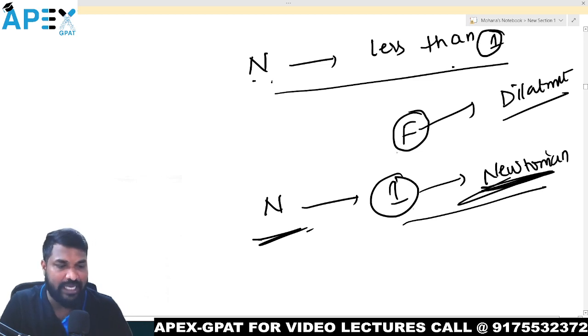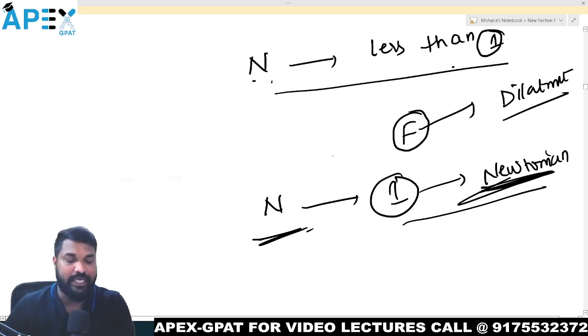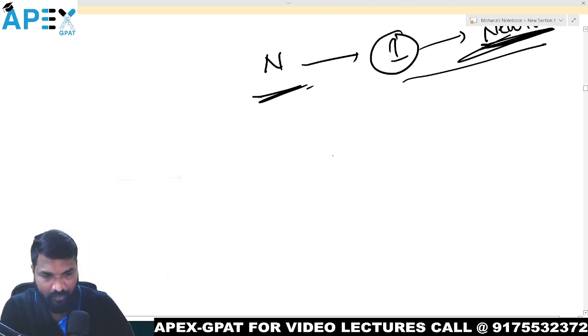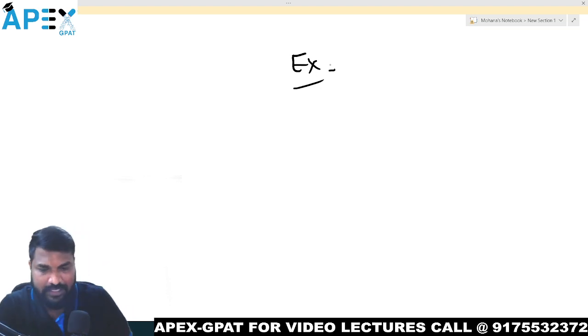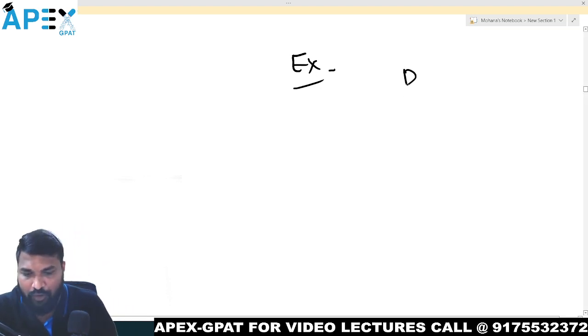This is what makes the difference between these two things. Now, an example for the dilatant flow. Can you tell me, will a deflocculated suspension show it or a flocculated suspension? Obviously, the deflocculated system.